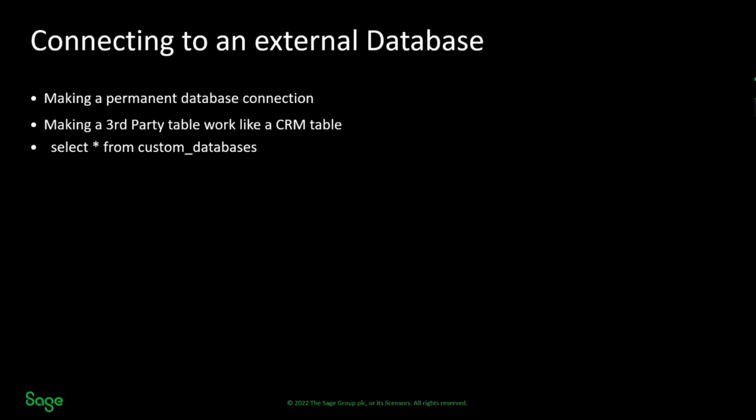So you can certainly call up information from another database, whether it is Sage 100, Sage 300, Sage X3, wherever you can create a database connection to, you can call that across.